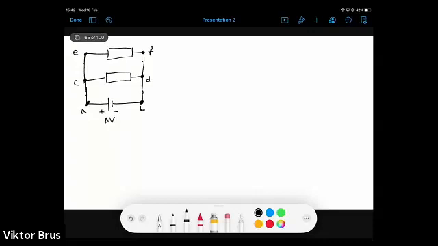And that's why we have the same potential difference between points C, D, and E, F as the potential difference between points A and B. So that's why we have delta V here. Let's mark it delta V1. And this is R1, delta V2, R2.